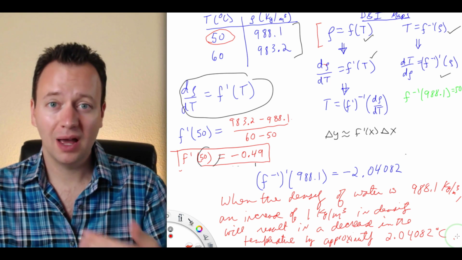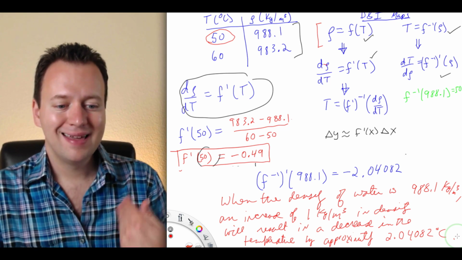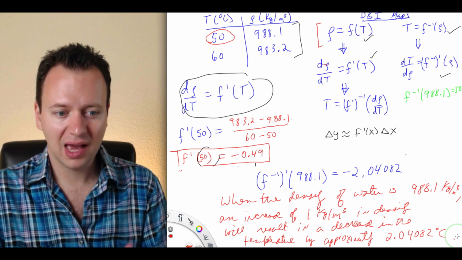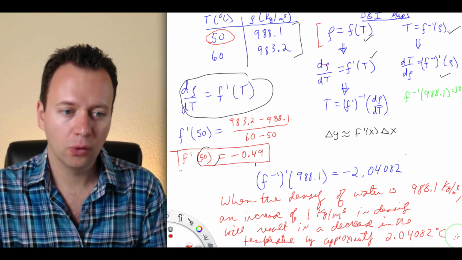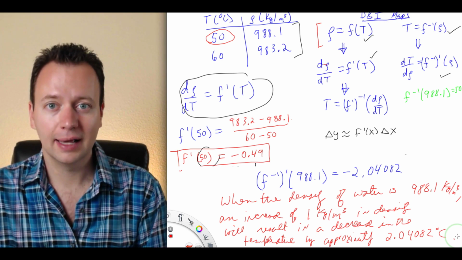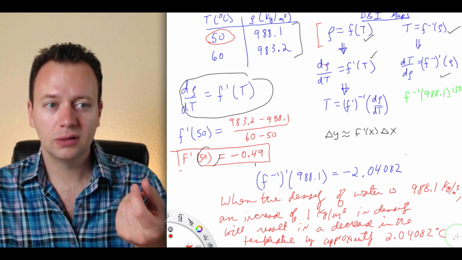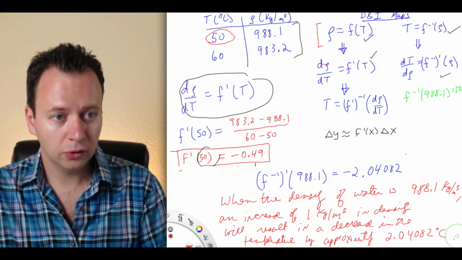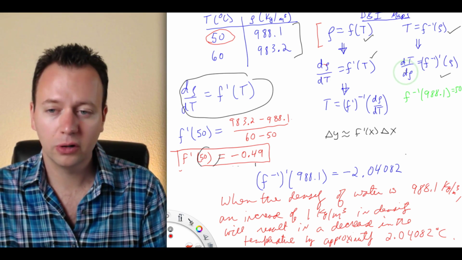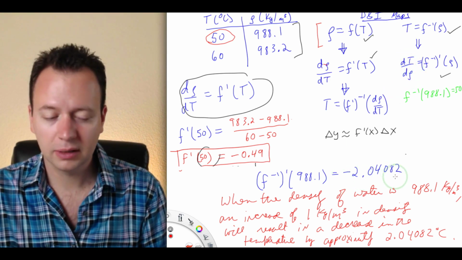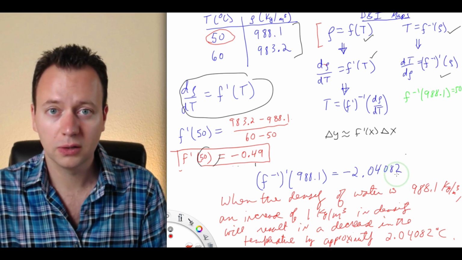So in other words, when the density is at 988.1 kilograms per cubic meter, if the density were to increase by 1 kilogram per cubic meter, then the temperature will decrease by approximately 2.04082 degrees Celsius. Right? So it's per unit increase in density, so per delta rho, the delta T is approximately -2.04082.